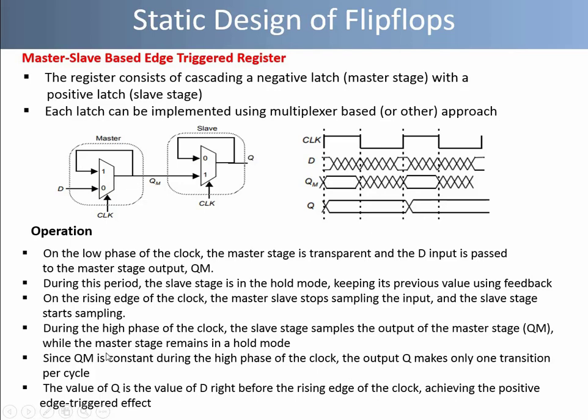Since QM is constant during the high phase of clock, the output Q makes only one transition per clock cycle, and this gives us the effect of an edge triggered flip-flop.